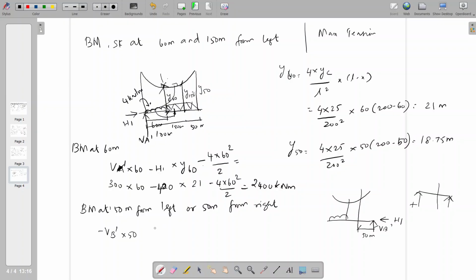Minus VB dash into 50 plus H1 into Y at 50 equals the bending moment at 50 meter from right side. So minus 100 into 50 plus 400 into 18.73. Just calculate the value, which is 2500 kilonewton meter. So we have completed the bending moment.